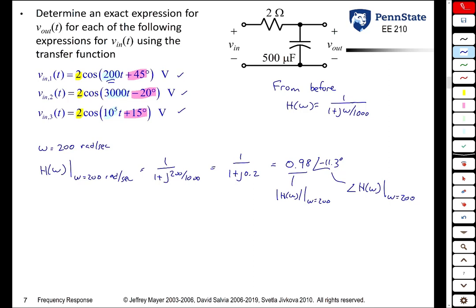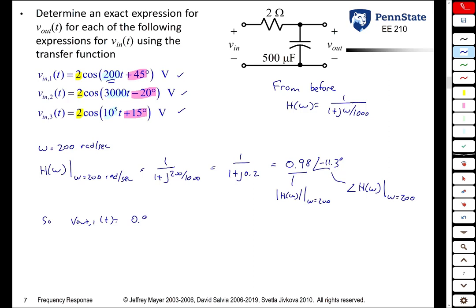So what this is telling us is that if the input is at 200 radians per second, this circuit is going to amplify the input by 0.98, and it's going to shift the angle by negative 11.3 degrees. So V out sub 1 of t is going to be what?